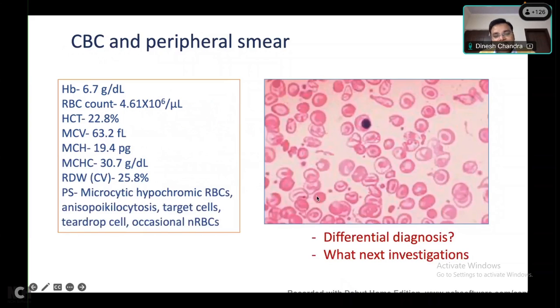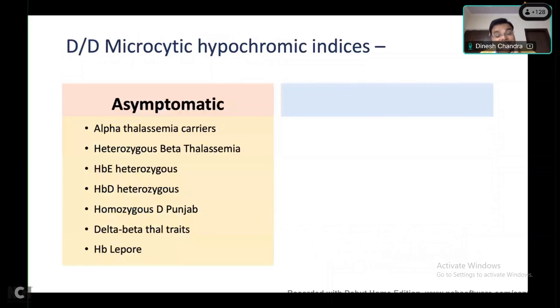Otherwise, if you are seeing a microcytic hypochromic picture, you should always start by thinking about whether we are dealing with nutritional anemia, and if that is ruled out, then you should think next. So now if it is a microcytic hypochromic picture and asymptomatic, what could be the differential diagnosis?